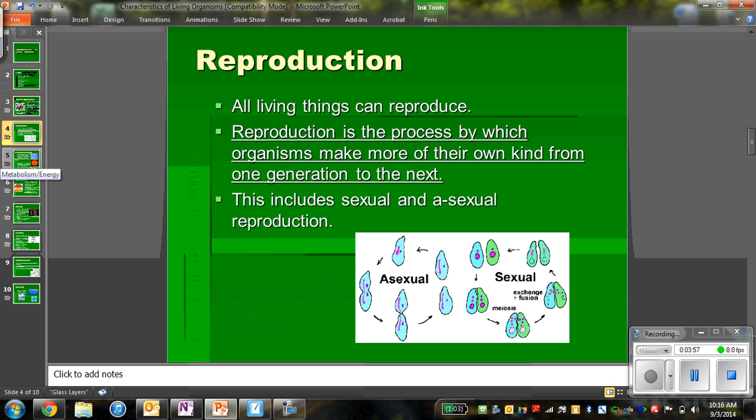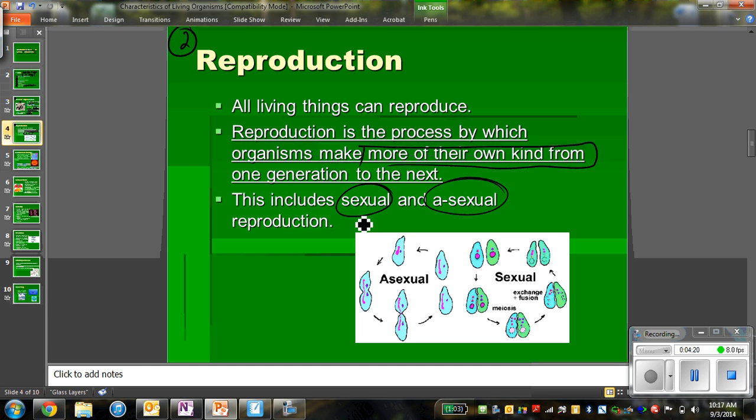Next one's going to be reproduction. The second thing that we talked about in the first list, all living things can reproduce. What does that mean? Well, reproduction is a process in which organisms make more of their own kind from one generation to the next. This includes sexual reproduction and asexual reproduction.